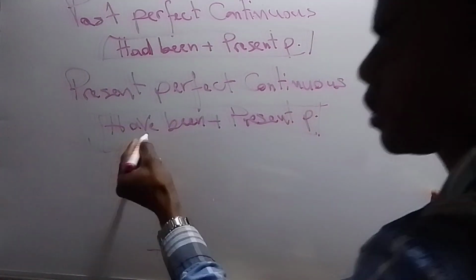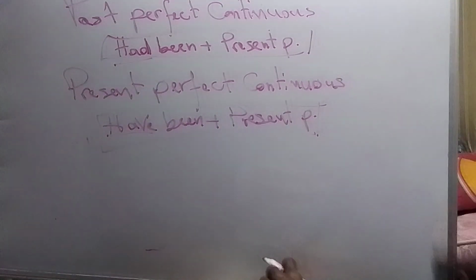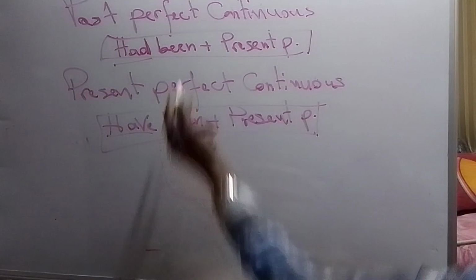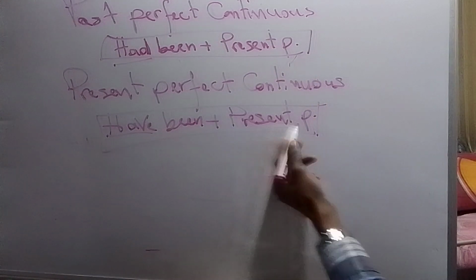The difference is have here, or had. That's the difference. But we have been right here, and we have the present participle of the verb.